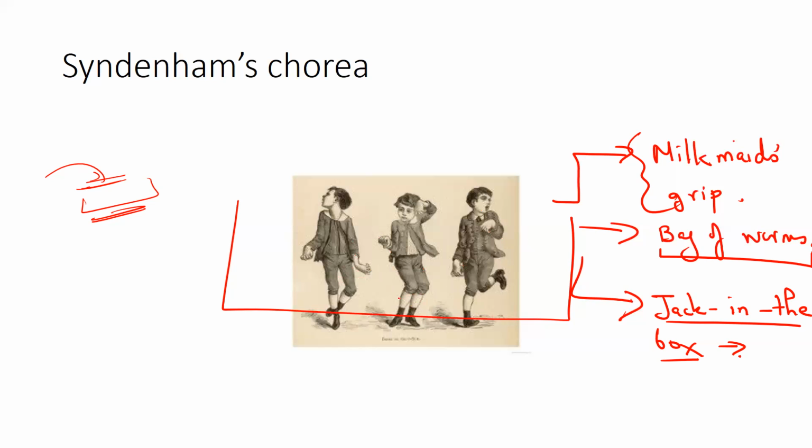In facial chorea, usually there is blinking and slurring of speech. In well-established cases, you don't need to do all these tests. But if you are doubting not very well-established cases, you can go for these signs. If they come out positive, this means that the patient has started developing Sydenham's chorea. This is very important.